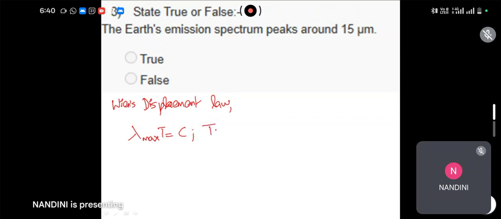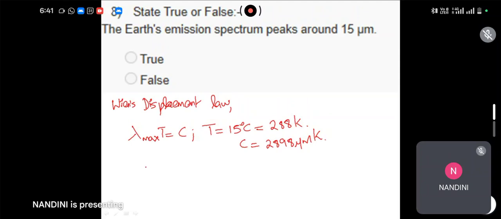In case of Earth, the global mean temperature is 15 degrees Celsius, which is 15 plus 273, or 288 Kelvin. The constant C is given as 2898 micrometer Kelvin.